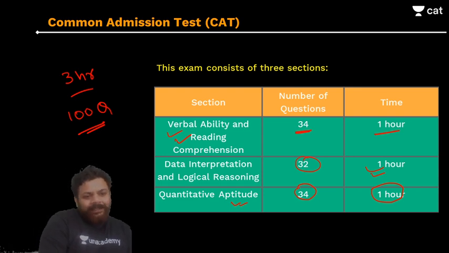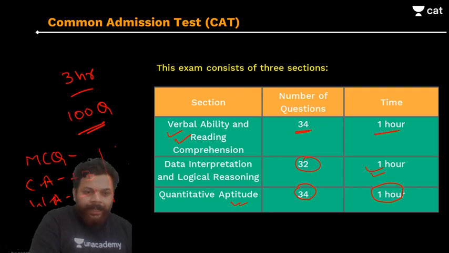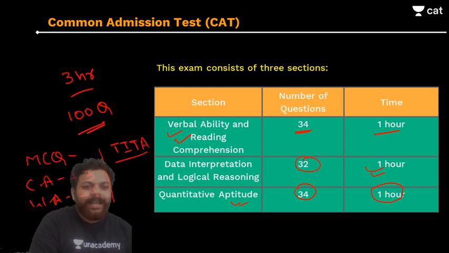So in CAT there are basically two types of questions. First one is MCQ, and for each correct answer you will be getting 3 marks, and for each wrong answer 1 mark will be deducted. Second type of question is TITA, which is type in the answer.